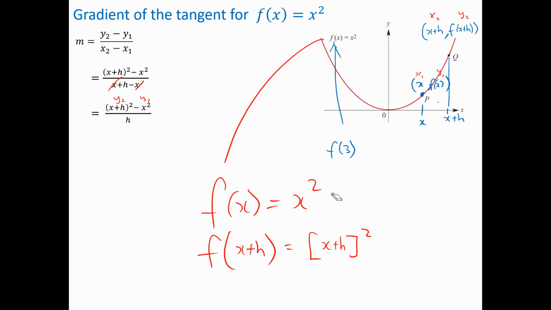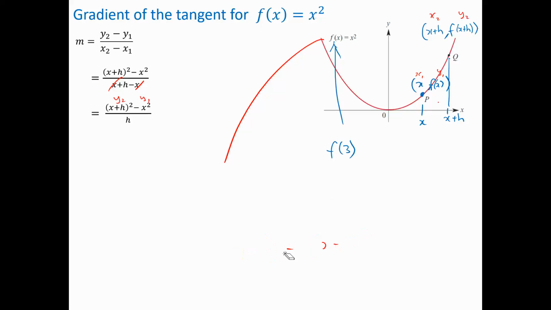So, what's the theory of the first principle? The theory of the first principle says, well, if we said h was a distance away from x, what if h was so small? What if the distance is so small? Because right now I'm choosing between these 2 points. What if I made it smaller? Let's just have a zoom in look.